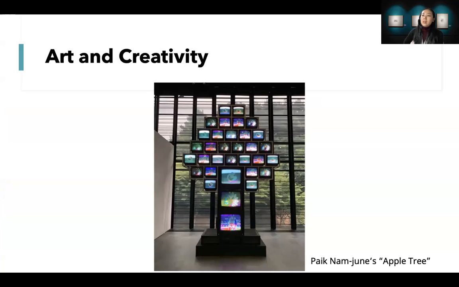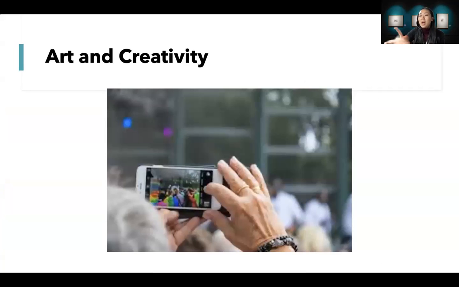So let's talk about creativity. Creativity is an important part of art, and it seems too far from us. However, we can see that in our own lives.